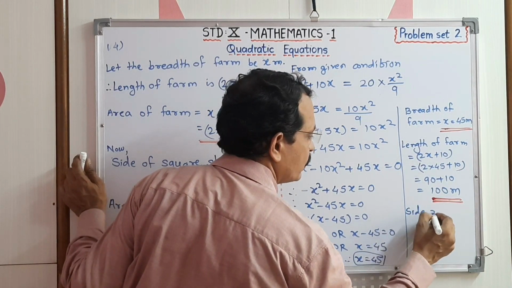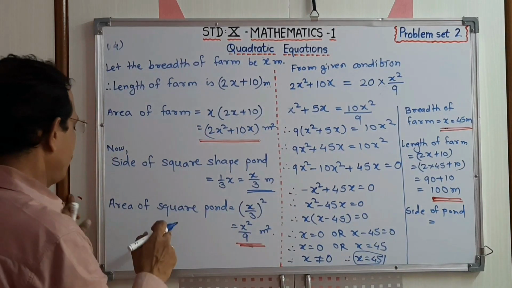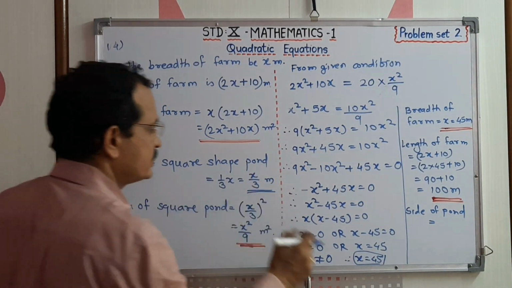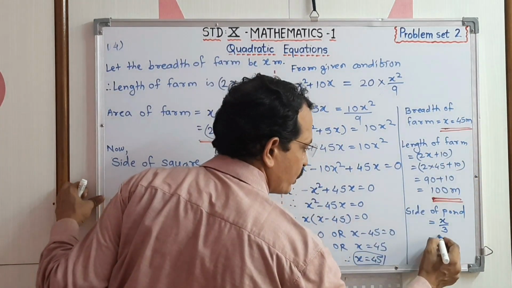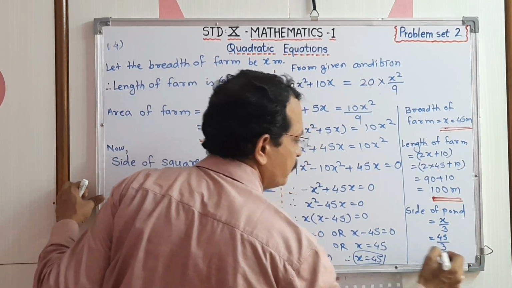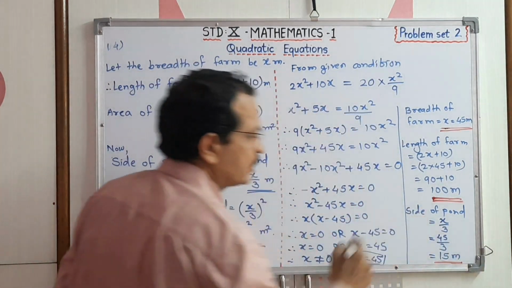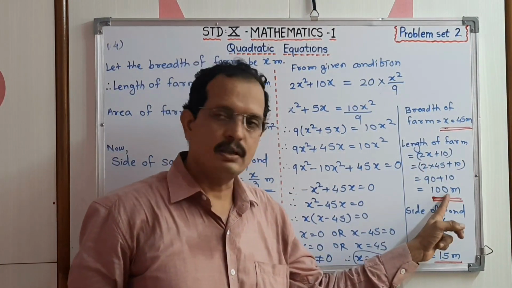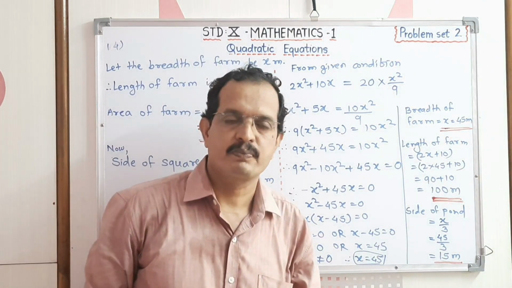The side of the square-shaped pond is x upon 3, where the value of x is 45, so 45 upon 3 is 15 meter. Therefore we got here breadth is 45 meter, length is 100 meter and side of the pond is 15 meter.